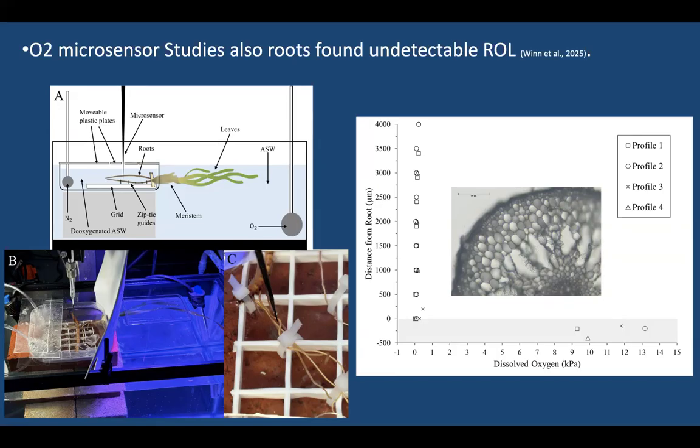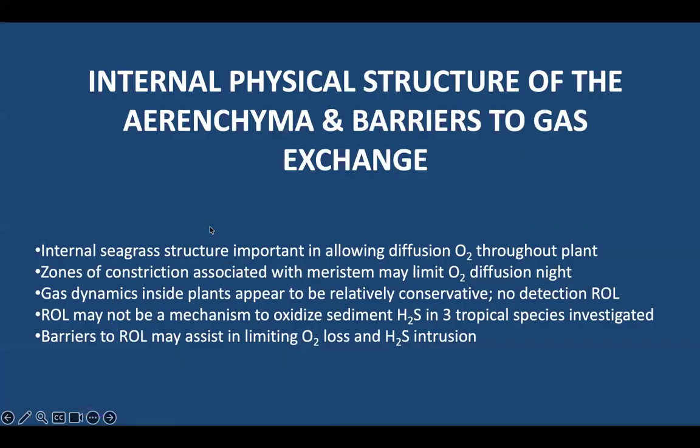So it could also just be the fact that you may not have as much oxygen released just because of this lower oxygen diffusion, and perhaps not sulfide coming in unless it can bypass this interaction with the oxygen going out and the sulfide coming in. It might not actually get oxidized if you don't have a lot of oxygen coming down through the lacunae. So we're really looking at that and continuing with that work.